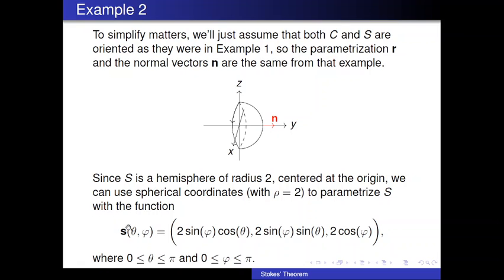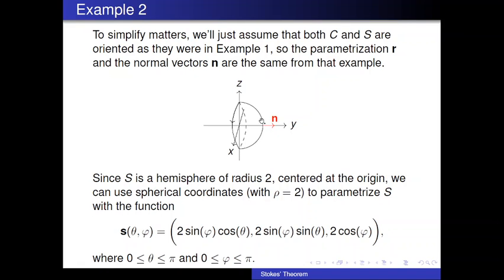I'm going to write little s as 2 sine phi cosine theta in the first component. So that's the x function there. The y function will be 2 sine phi sine theta, and the z function will be 2 cosine phi. Now, the one thing we have to mind here is the bounds. We'll still have top and bottom, so phi will still go from 0 to pi, because we go all the way from the top part to the bottom part.